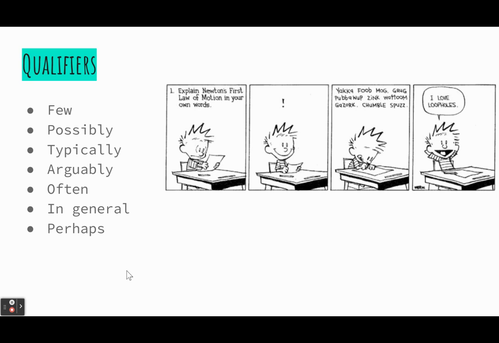There are qualifiers. Your thesis is going to be debatable. Sometimes your warrants will be debatable. So few, often, usually are all things that you can probably put in the claim to make it a little bit better.